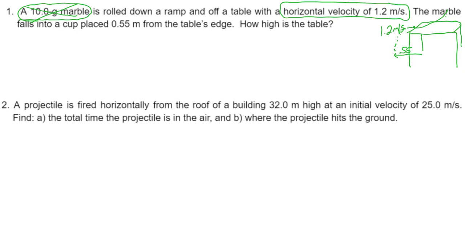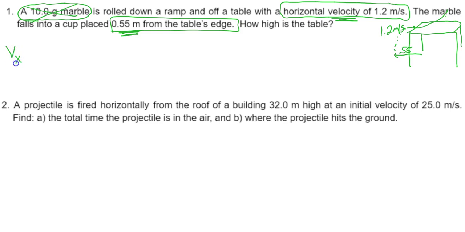So in order to figure out the height of the table, first we need to know how much time it spends in the air. And so that's why it gave us the velocity and the distance from the table's edge, because we know that velocity is equal to distance divided by time.